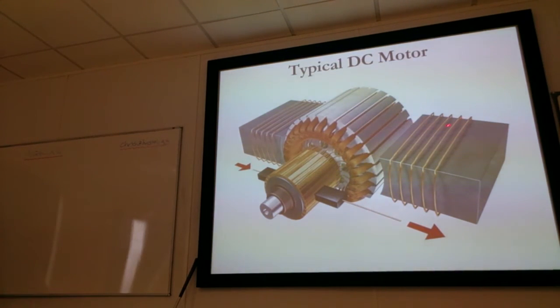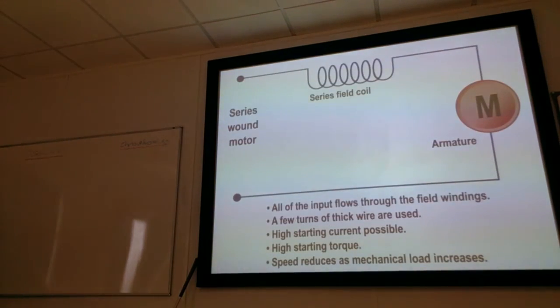Now the windings are really quite critical, how they are wound in the circuit. If we wind it in series, the current flows first through the series field coil to energise the magnet and then to the armature. You can see all of the input flows through the field windings.